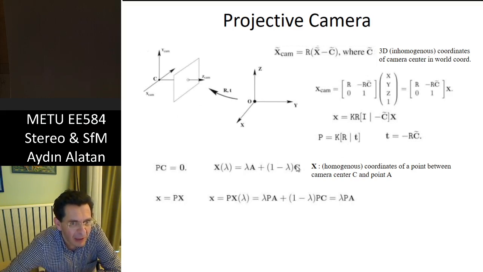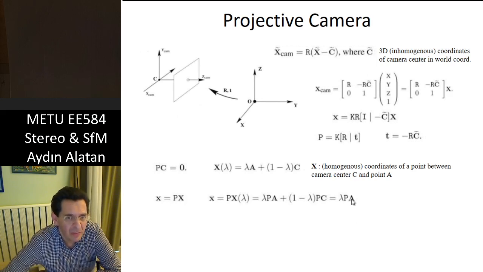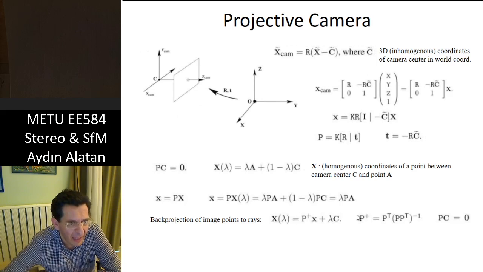Also, P will be multiplied with C. P multiplied with C will be 0. Therefore, your projection on the image plane will be nothing but your lambda P times the homogeneous representation of the arbitrary point A. This is an arbitrary point A.